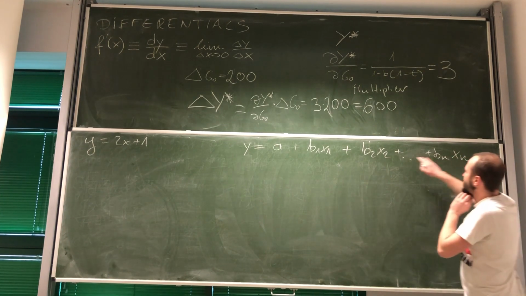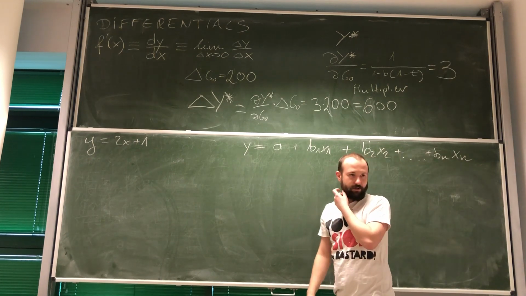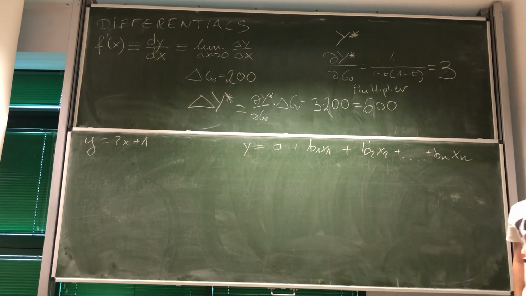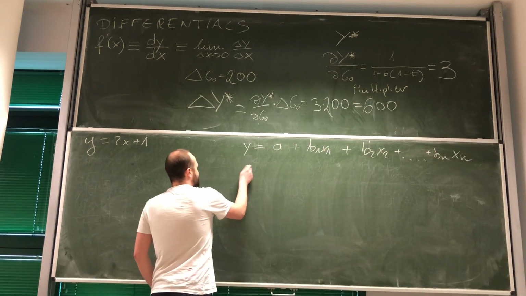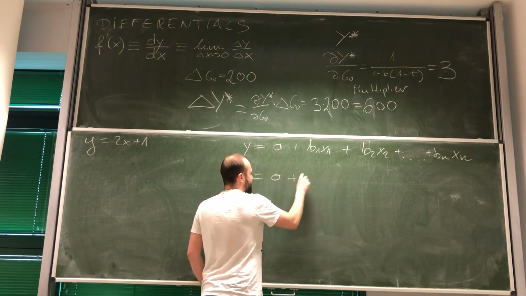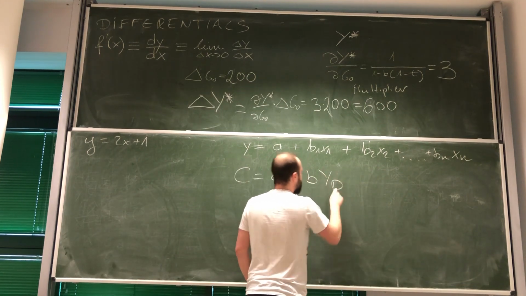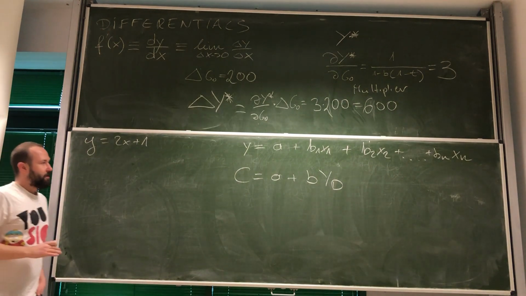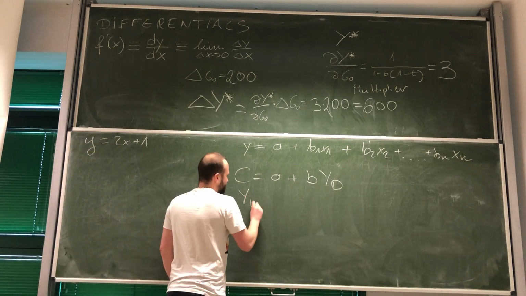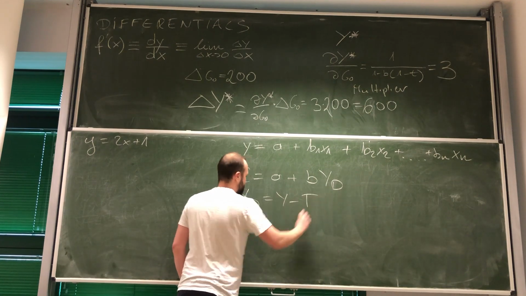Because we have n variables on the right and one variable on the left. Okay, and when you see consumption equals A plus B times disposable income, this is a linear function, right?